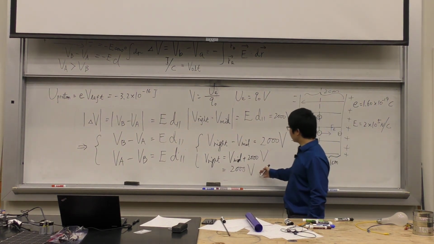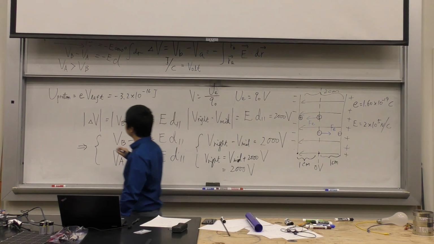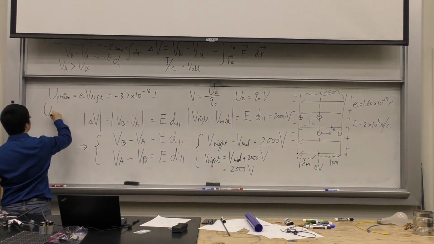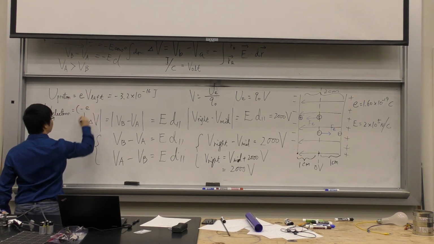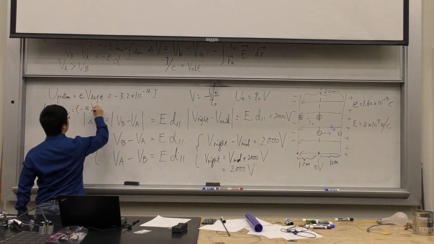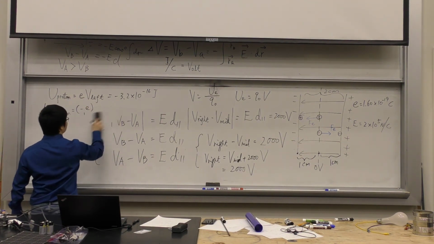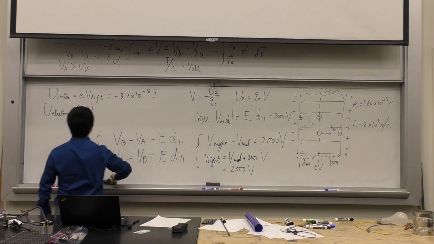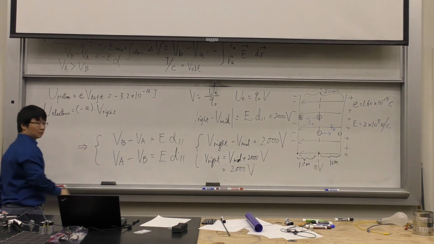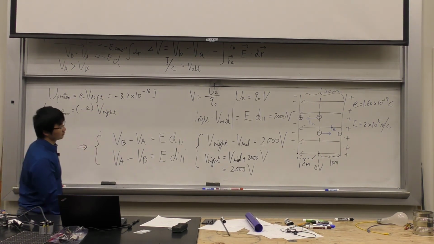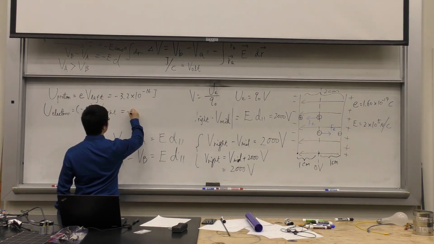And then you're going to do the same thing for the electron. The electron has a charge of negative e, keep it negative, and then the potential is the potential on the right plate. Multiply them together, and don't remove any negative sign.